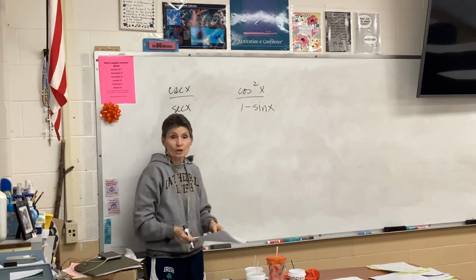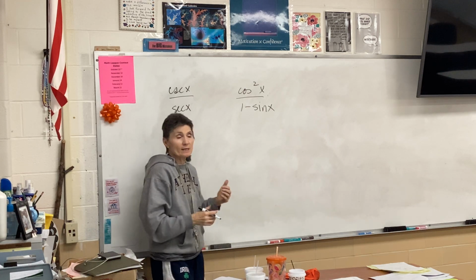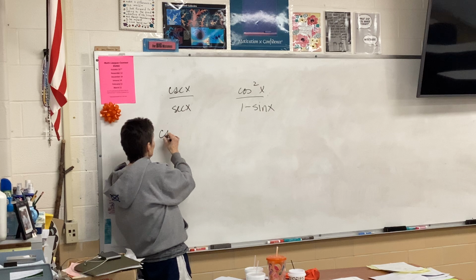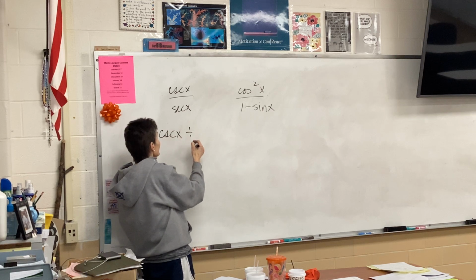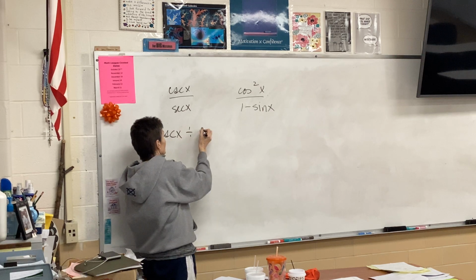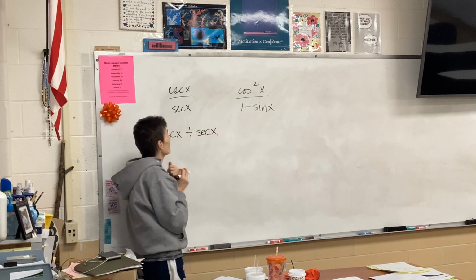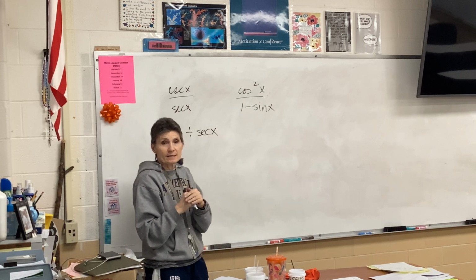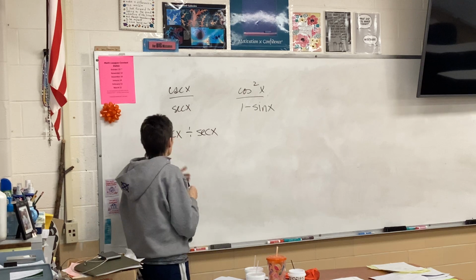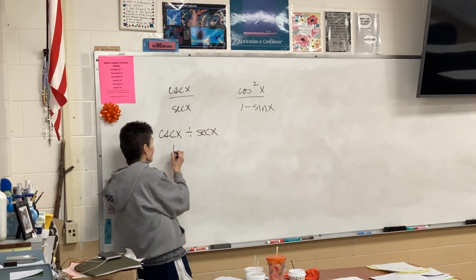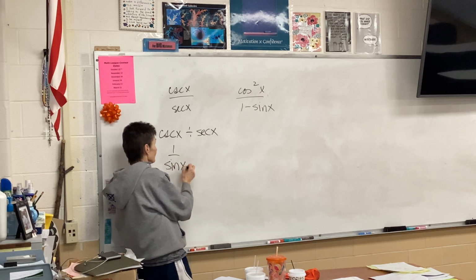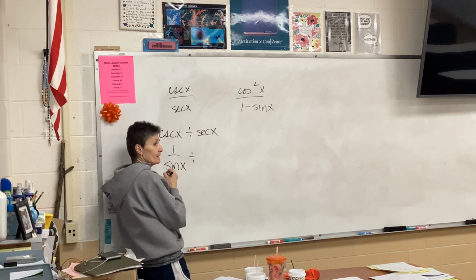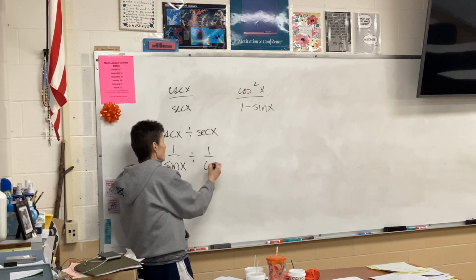I would suggest you think about this fraction as a literal division problem, and then rewrite cosecant and secant as their fractions. So cosecant is 1 over sine, and secant is 1 over cosine.